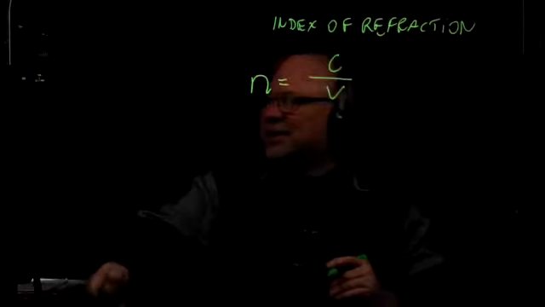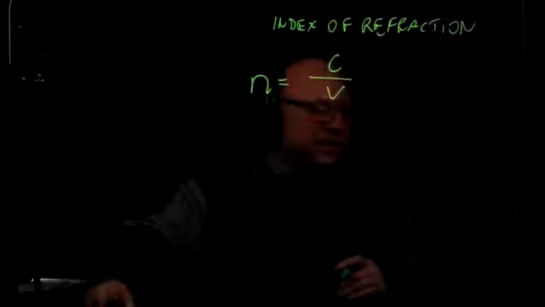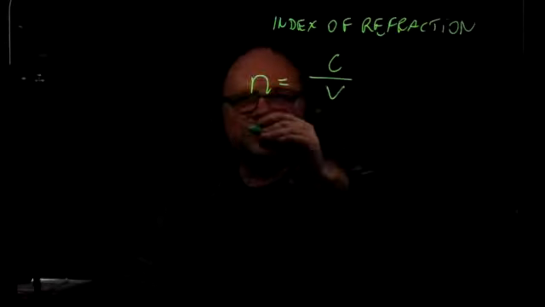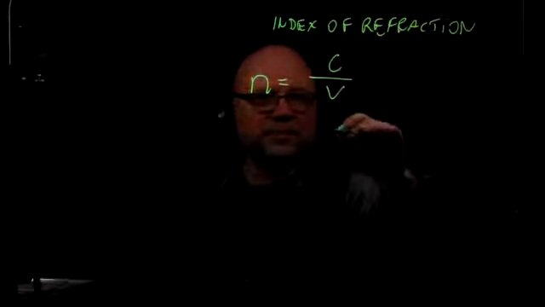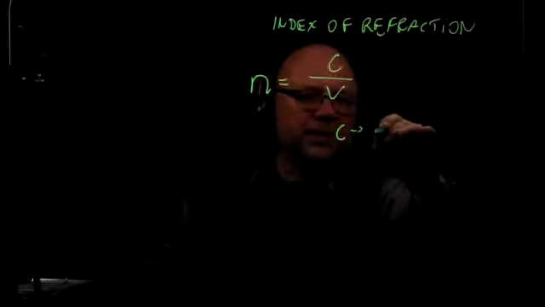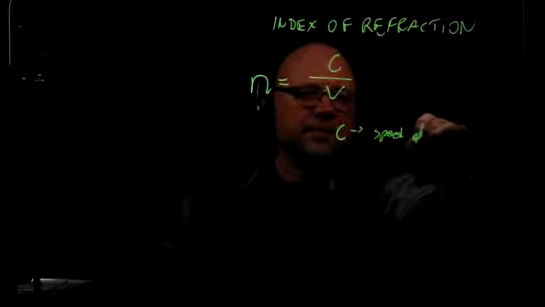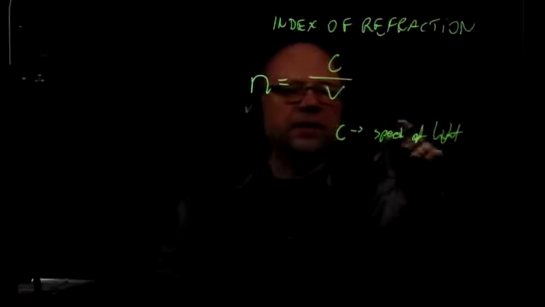Now C here is the speed of light in the vacuum.